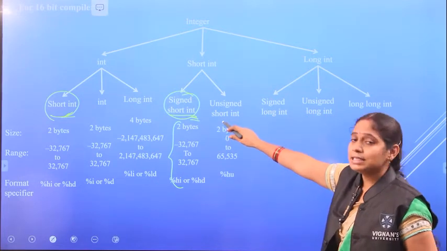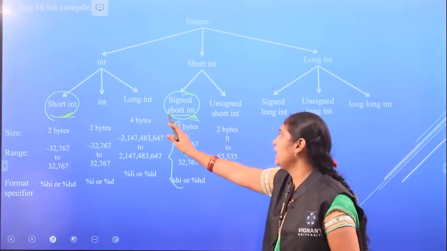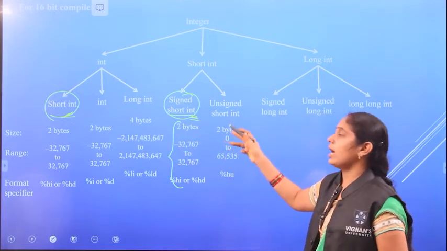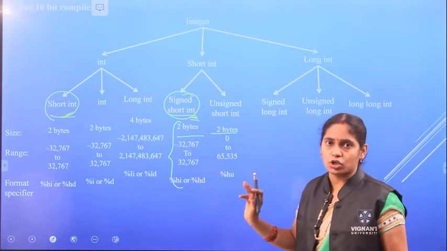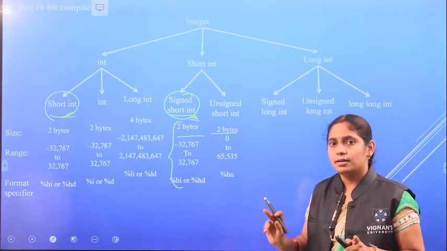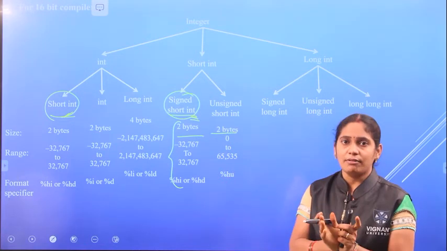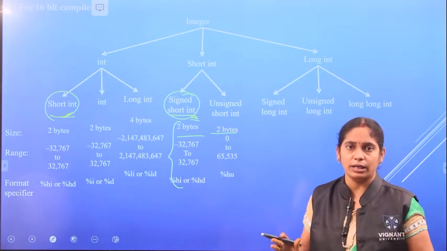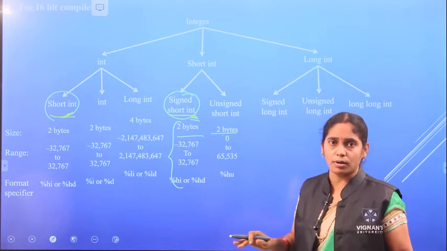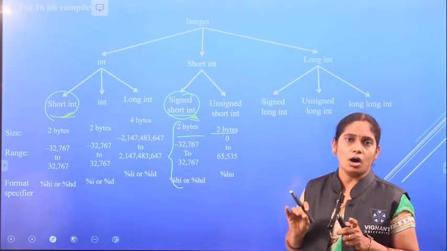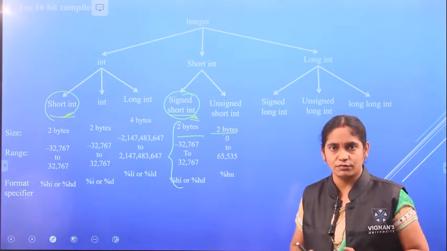Then coming to the unsigned, see the difference between the signed and unsigned short int. The size is the same, 2 bytes only. What is the difference? In the signed form, we reserve half the values for positive and half for negative. But unsigned means there is no negative value. All the values are considered positive only.